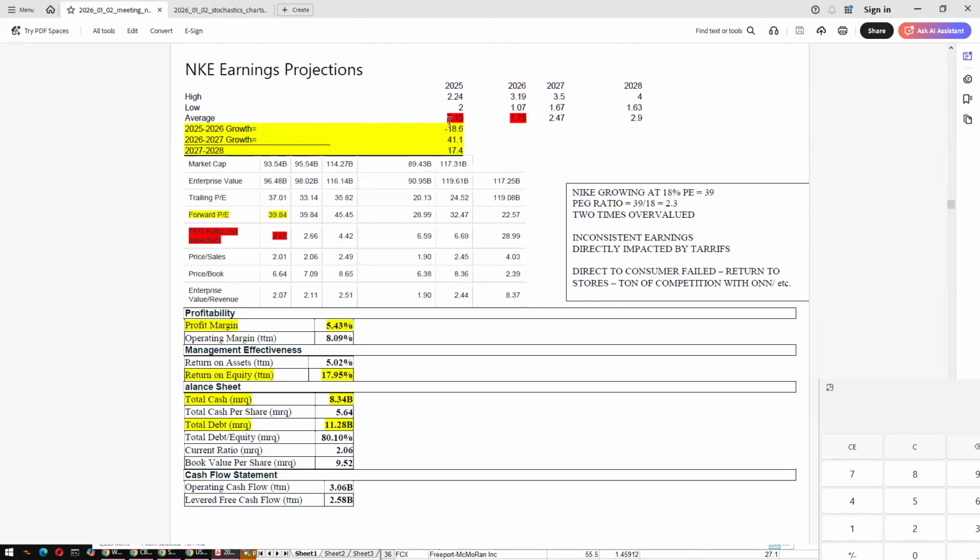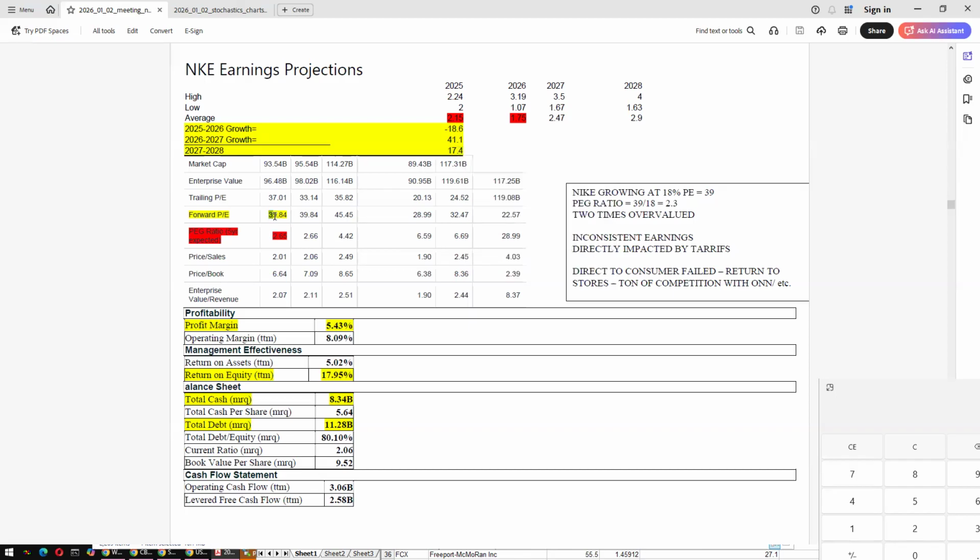Let's look at the earnings estimates for Nike. You can see that from last year to this year, they have negative 18% growth. That is pretty inconsistent. But if you look at this year to next year, it grows at 40%, and then 17% the year afterwards.